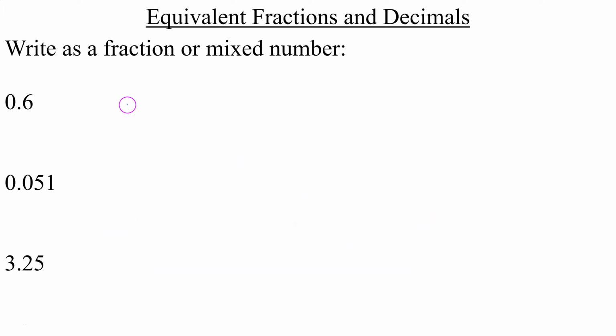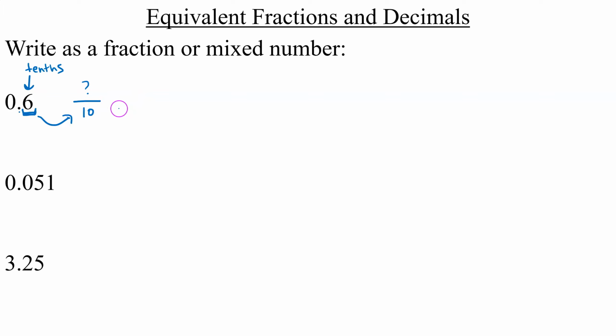All right, now we're going to look at decimals, and we're going to write these decimals as a fraction or a mixed number. When you see a decimal with one place value, this is the 10th place value. It's telling you how many out of 10. So if your number has one decimal place, you automatically know that your denominator is going to be a 10.